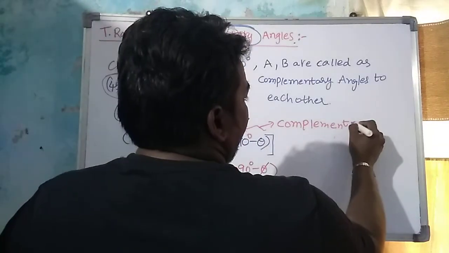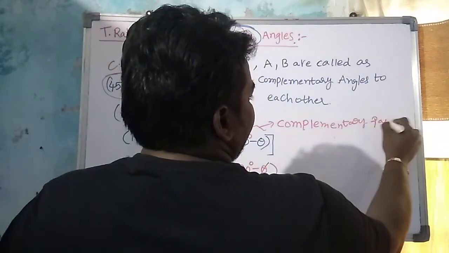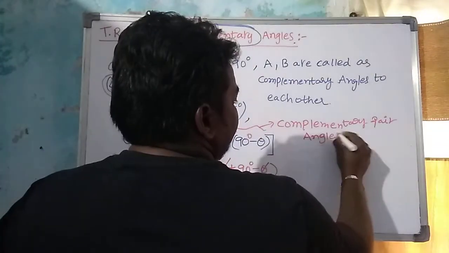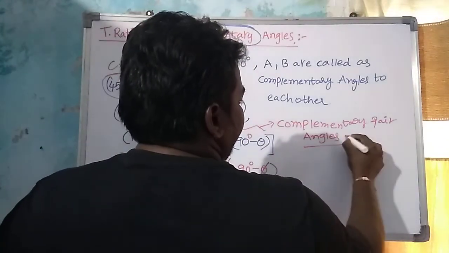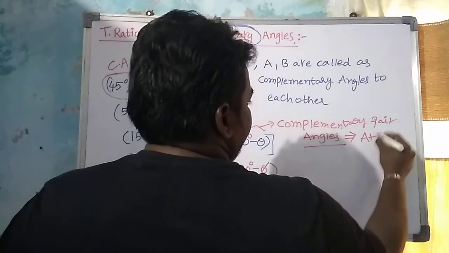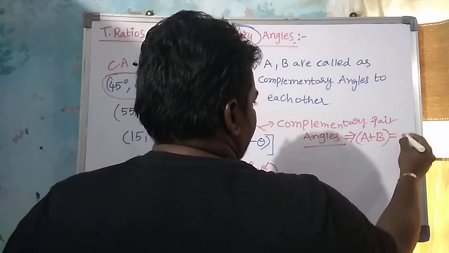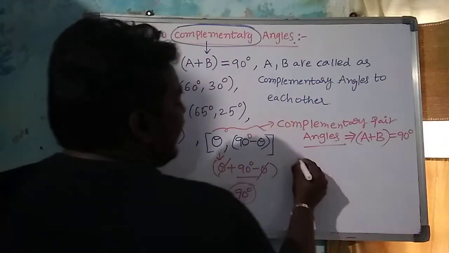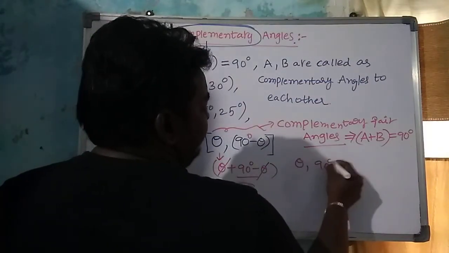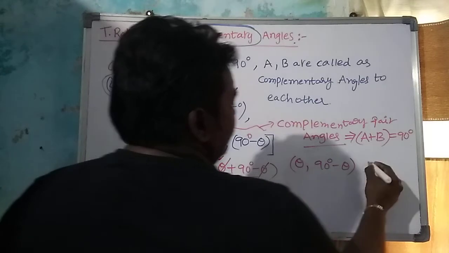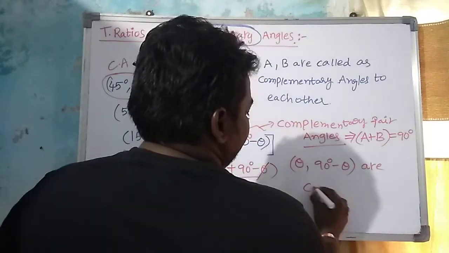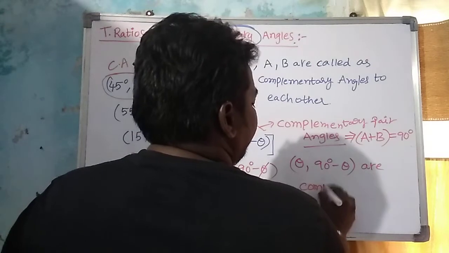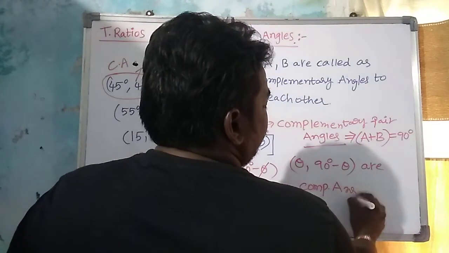A complementary pair sums to 90. So theta comma 90 minus theta are a complementary pair, complementary angles to each other.